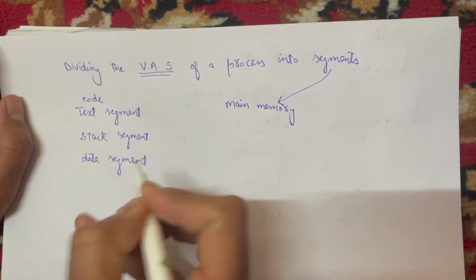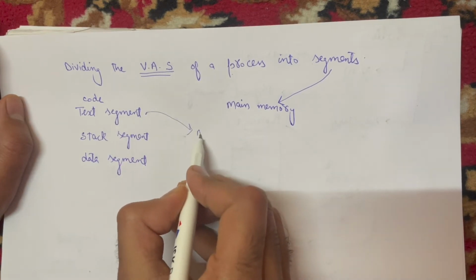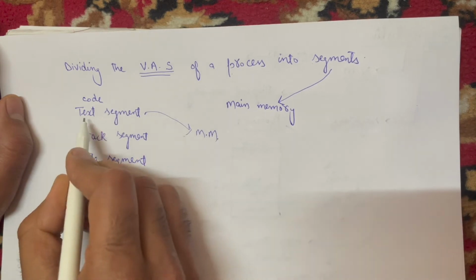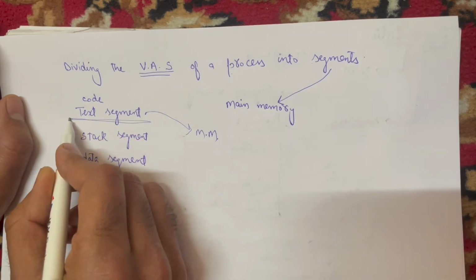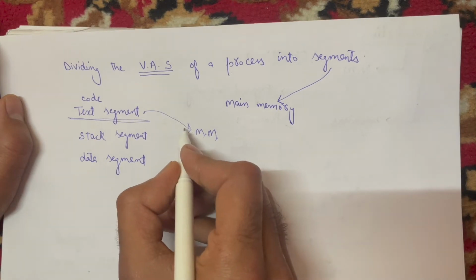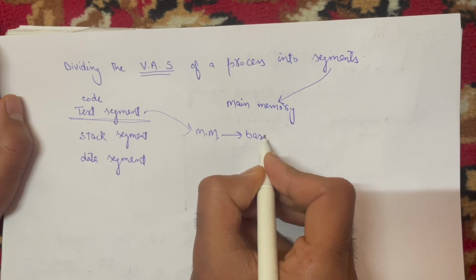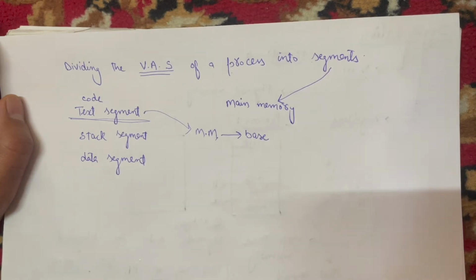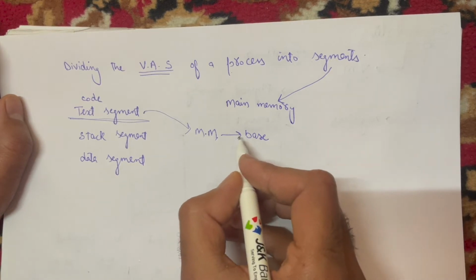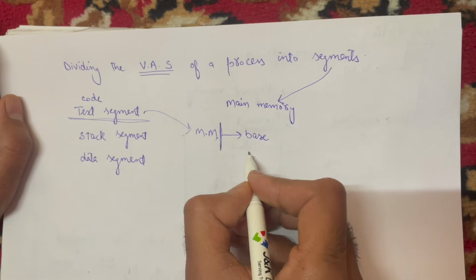Okay, let's suppose I am placing this particular segment into main memory, but I should know where in main memory I am placing this text segment. The starting address of that segment in main memory is called a base address or base, and the total size, or we can say the length, of that segment is called the limit.